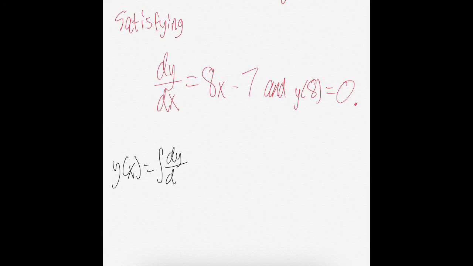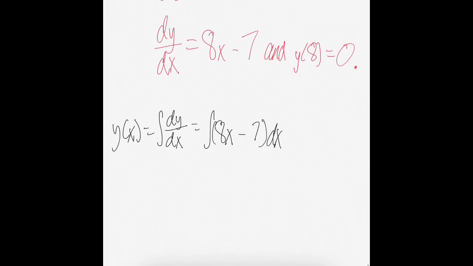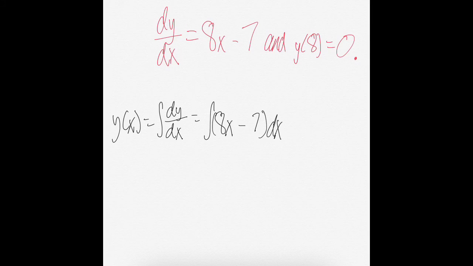So we want to find the function y of x, whose derivative is 8x minus 7, and which satisfies y of 8 equals 0. Well, what we notice is that to get y, we can anti-differentiate the derivative.